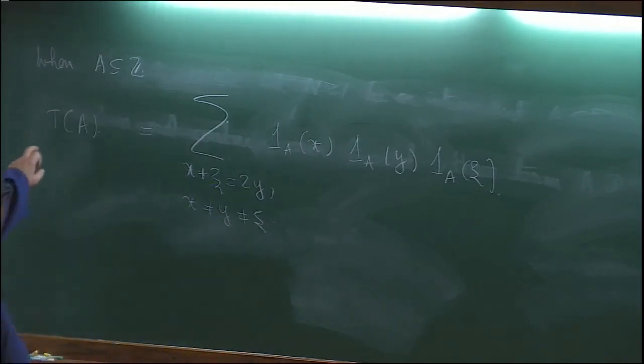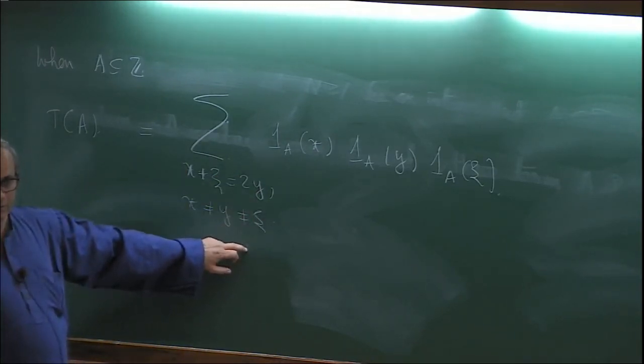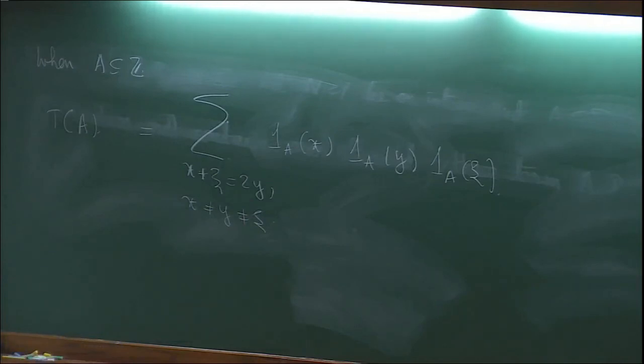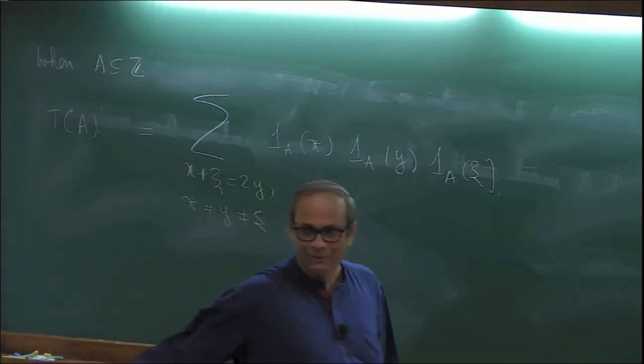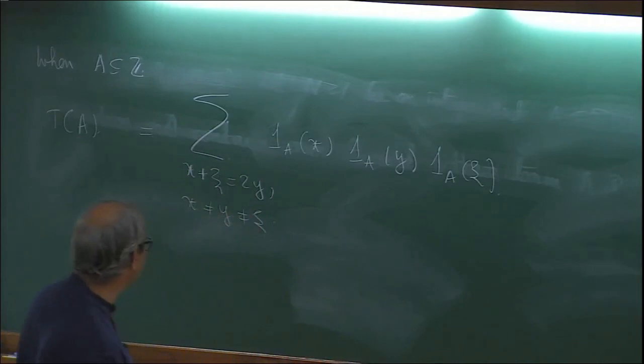So I'm using the symbol T(A) to count the non-trivial 3-term arithmetic progressions. People might object saying T should suggest trivial. You can criticize my notation, but you must remember that T here stands for the non-trivial APs.